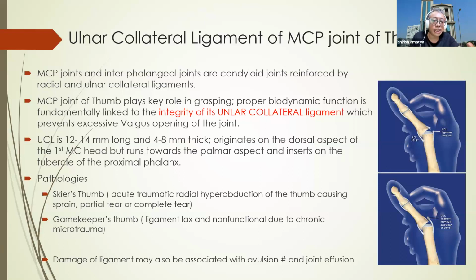Sometimes the damage of the ligament can be associated with an avulsion fracture, as shown in the picture in the lower side. You can see there is an avulsion fracture of the proximal phalanx because of the rupture of the ulnar collateral ligament at its attachment, or there can also be a joint effusion.